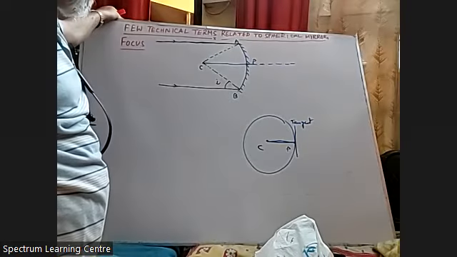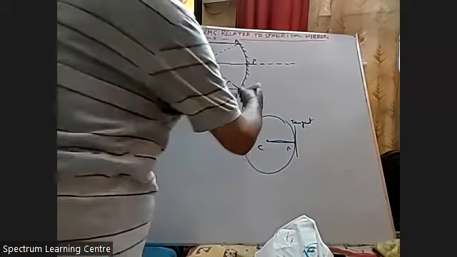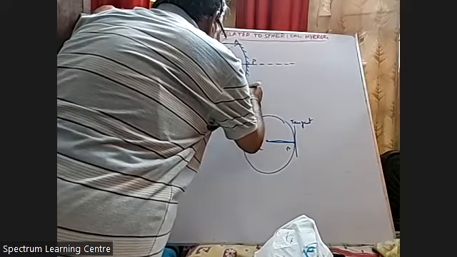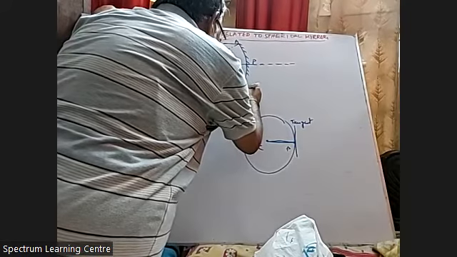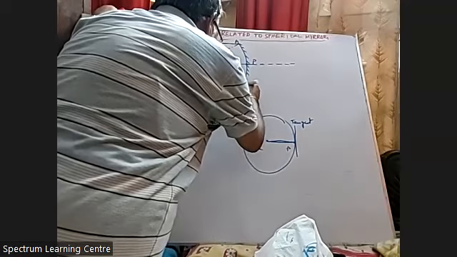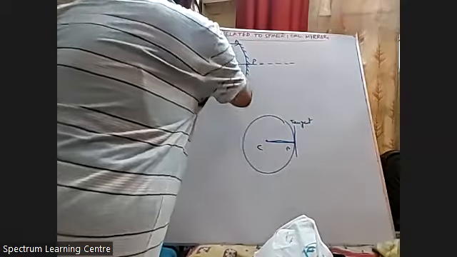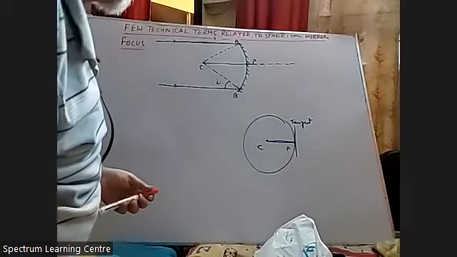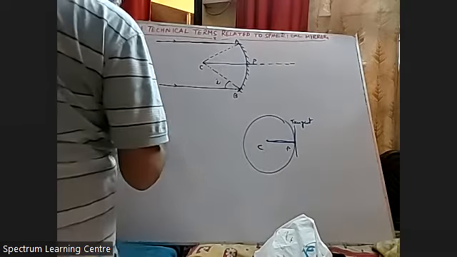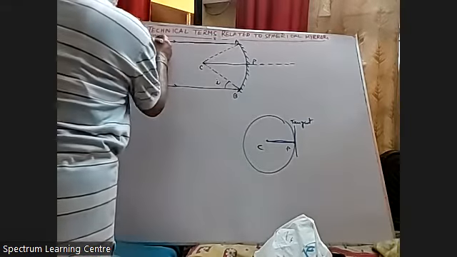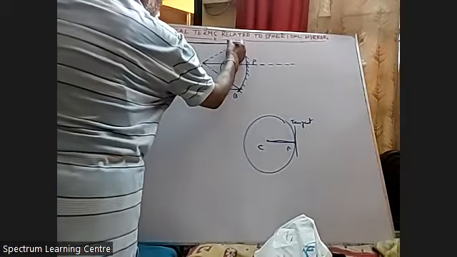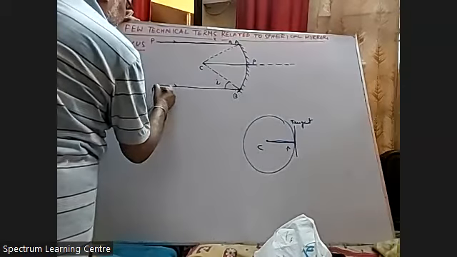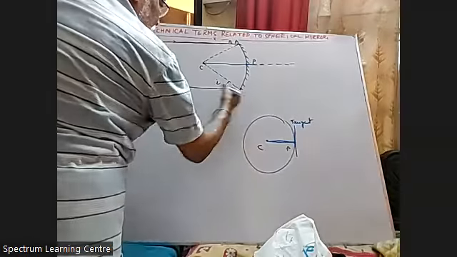Clear? That means if I take a small part of the mirror, it is a straight line and this angle is 90 degrees. So say this ray is PQ and this ray is P dash Q dash.